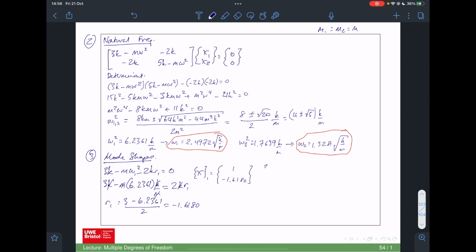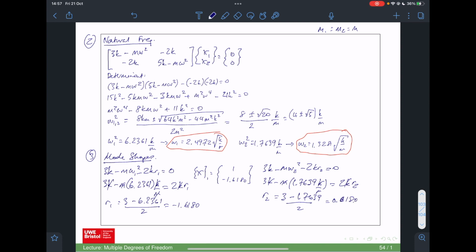And then 3k minus m omega 2 squared minus 2k r2 equals 0. So we've got 3k minus m times 1.7639 k upon m equals 2k r2. K's cancel, m's cancel. R2 is 3 minus 1.76 divided by 2, and you get 0.618.